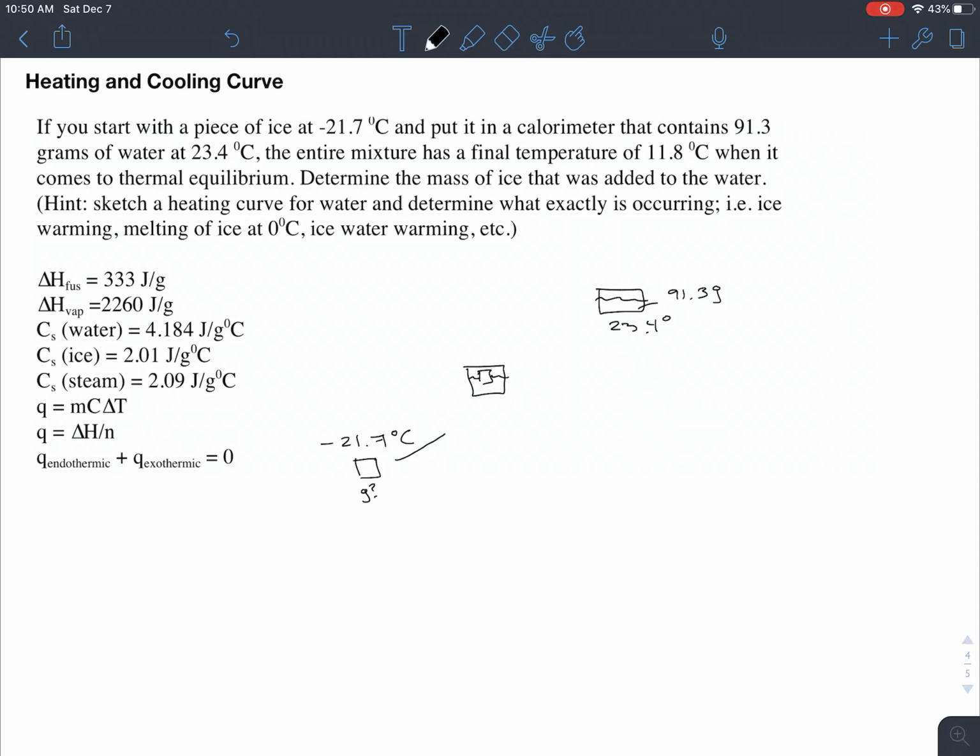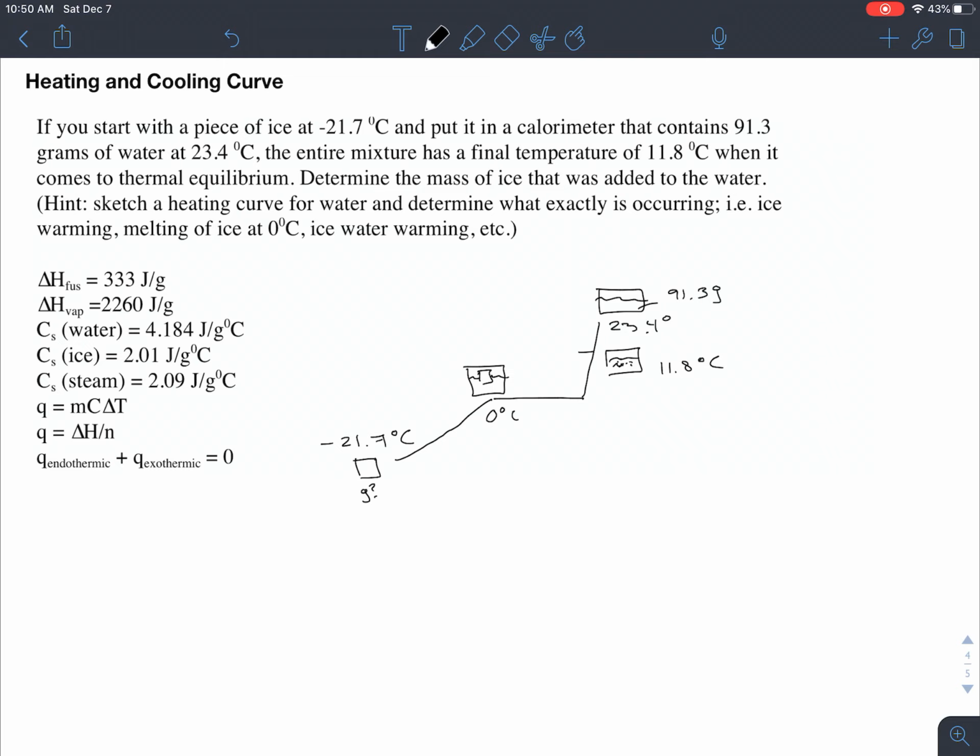Well, the ice is put into the calorimeter, but it doesn't melt right away. I know that at 0 degrees, once it reaches that temperature, it's going to melt. And then it is going to disperse in particles in the water until it reaches 11.8 degrees Celsius.